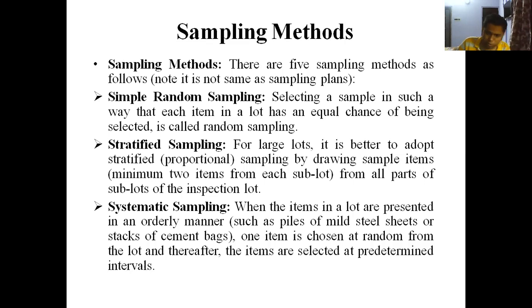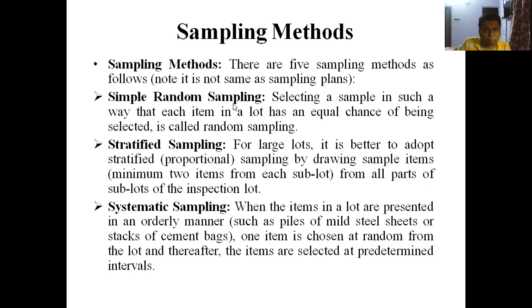That means whether it is in nature homogeneous or heterogeneous, that sort of thing you actually check. And whether the way you are sampling is evenly distributed or not, that also you need to check.